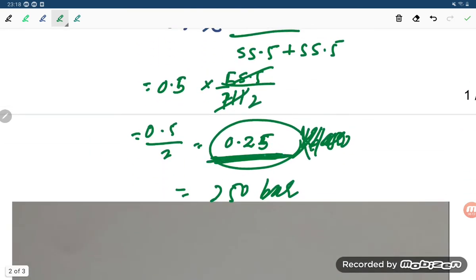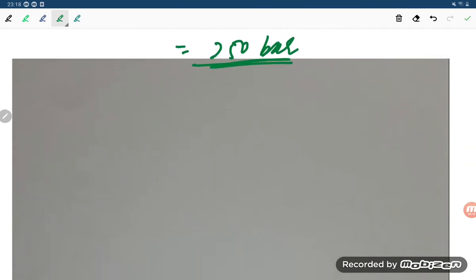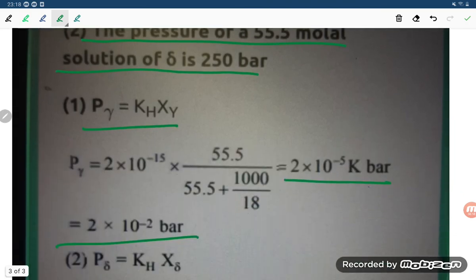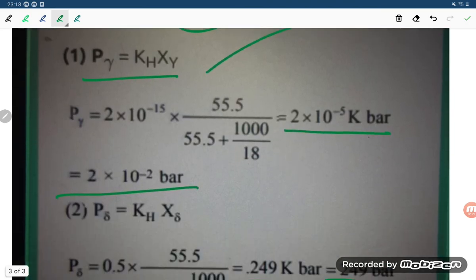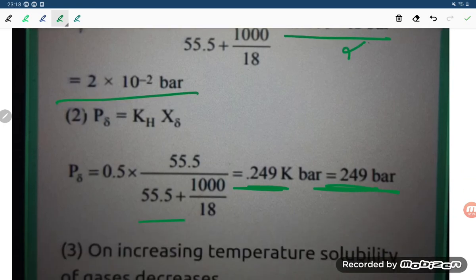If you multiply by 1000, you will get 250 bar. So keep in mind, we got 0.25 kilobar, and multiplying by 1000 gives 250 bar. So option D, 250 bar, is correct.